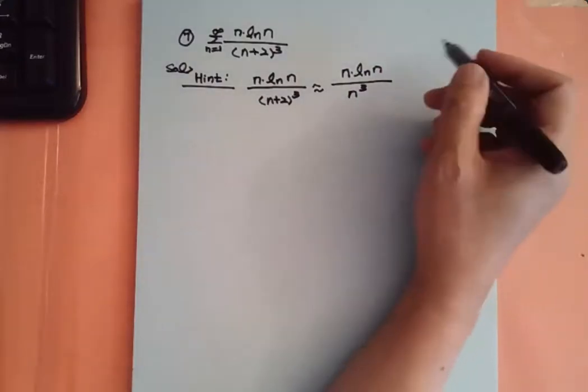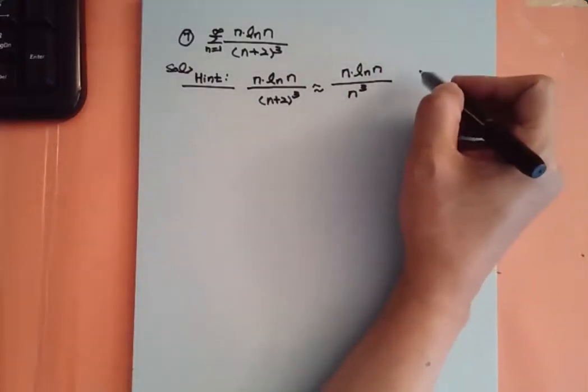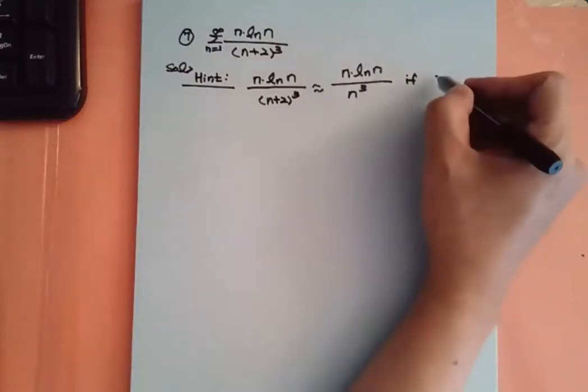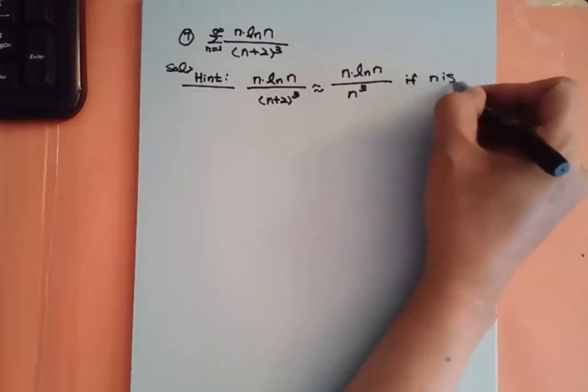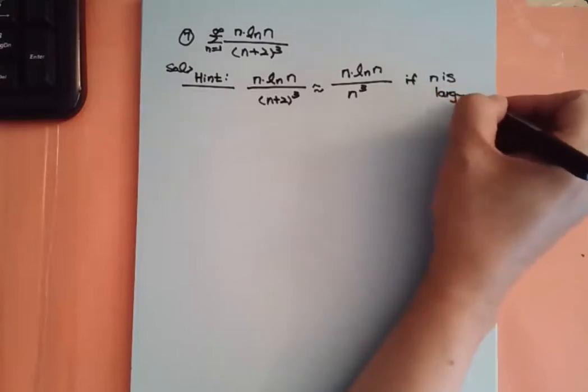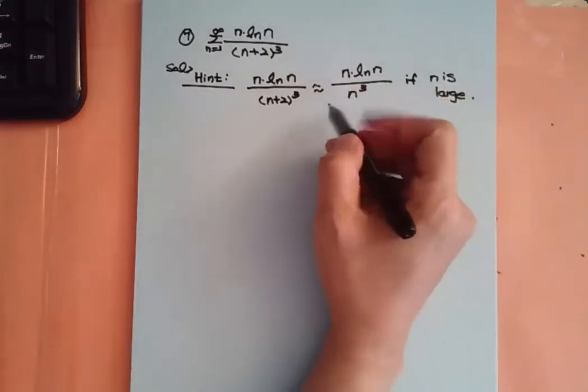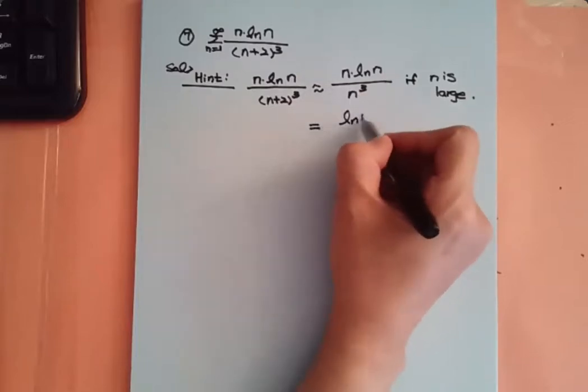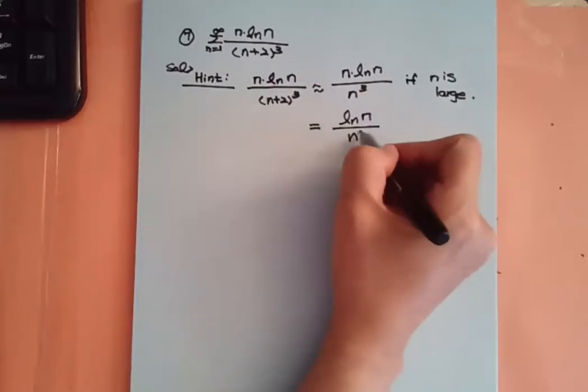We don't have to expand all those. So that is approximately similar if n is very large. When we simplify this fraction, what we get is natural log of n over n squared.